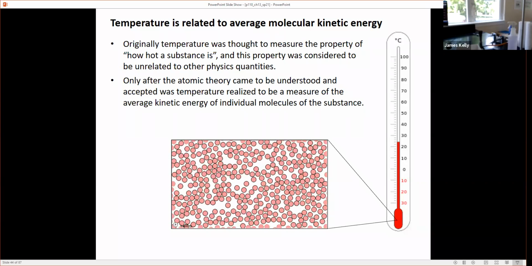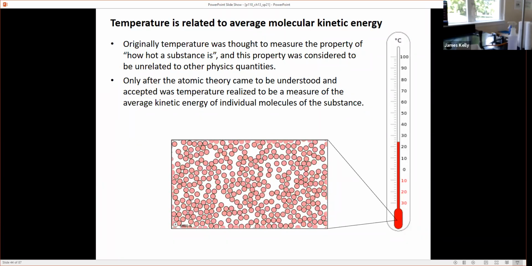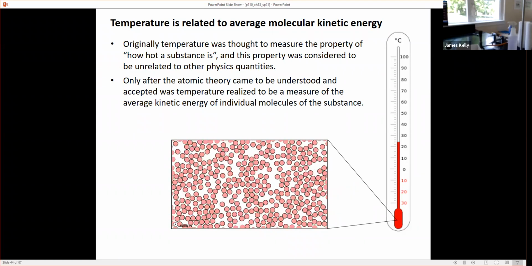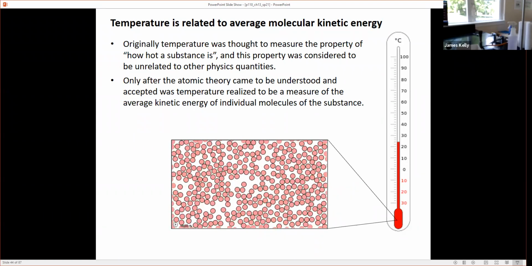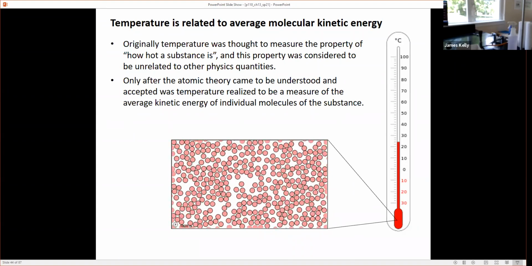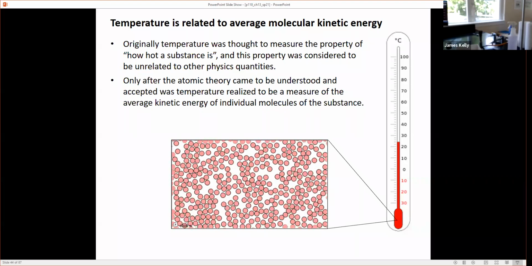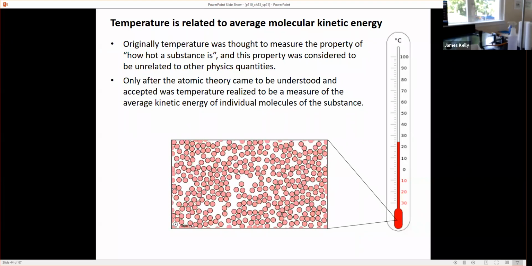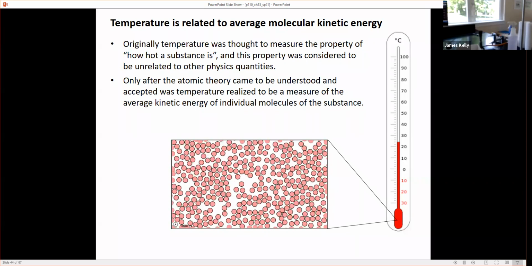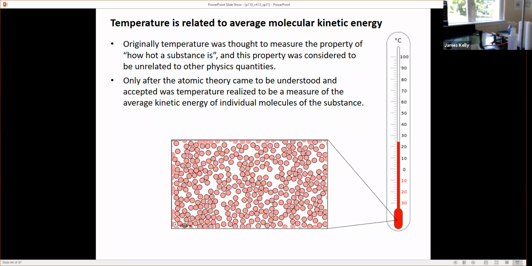So people believed that most substances were probably like a continuum. And when you heated something, you were adding a substance to that substance, right? You heat something and there was a substance that was like a fluid called caloric that you put into it, and that was the stuff of heat. It was something different than other kinds of matter, but it was something that made things hot. So hotness was just some independent quantity.